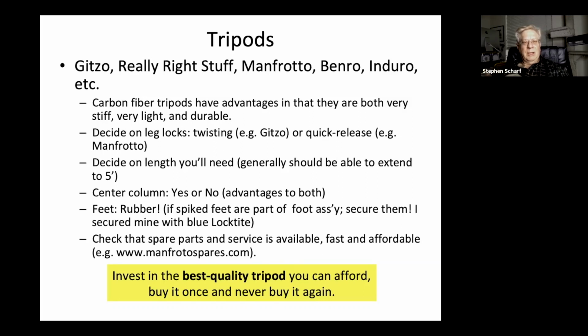You really want to make sure that if you have a tripod where spiked feet can screw out, that you screw them in and secure them, because the last thing you want to do is damage a floor with a spiked foot that has accidentally extended itself, because you could be looking at a $100,000 or $200,000 liability for damaging a floor in a $1 million home or office space or something like that. So I've actually locked mine down with blue Loctite so they cannot come out.